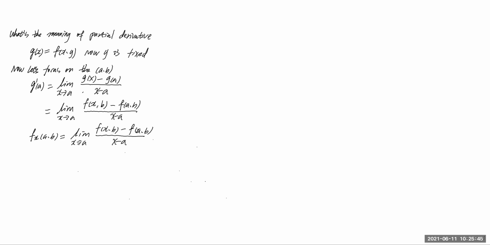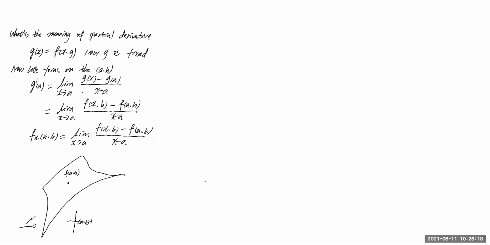So let me draw a picture for you to show what this means. We draw the graph of f like this. This is the point (a,b), and this is the value of f(a,b).